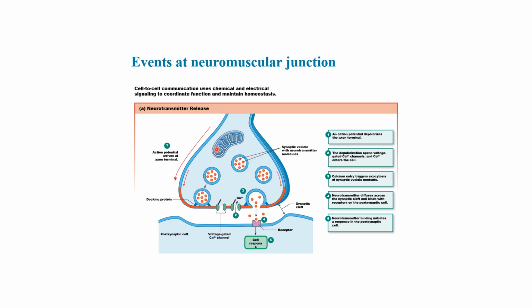An action potential running towards the axon terminal is depolarizing the inside of your axon terminal, so that the depolarization is going to open up voltage-gated calcium channels. Once those channels open, calcium is going to start entering the axon terminal.